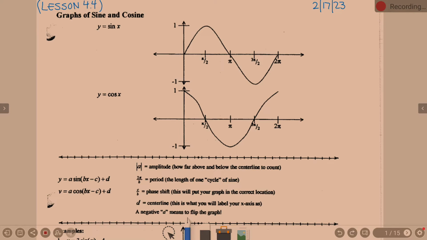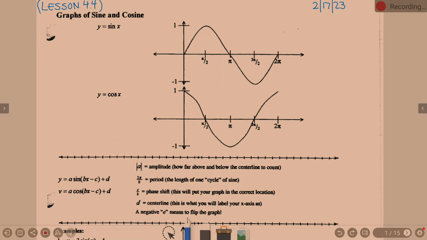When we look at one cycle, or one period that goes from 0 to 2 pi, it's just a different segment. Basically, on sine, if I started here at pi over 2, and then I ended up here at 5 pi over 2, that's the cosine piece. So it's just a different shifting of it.